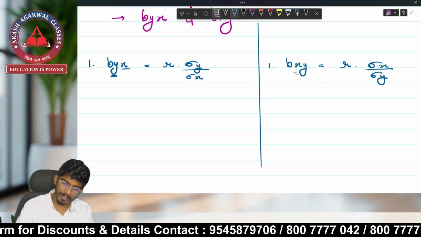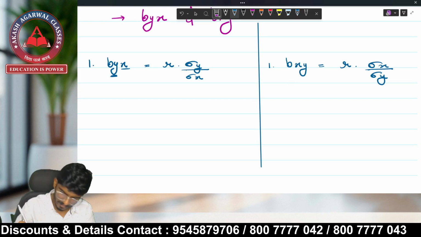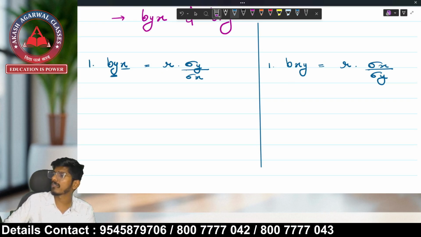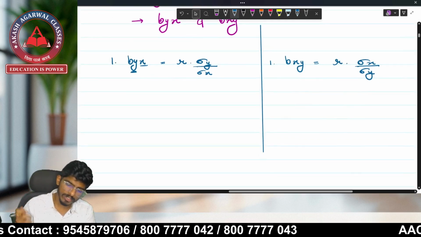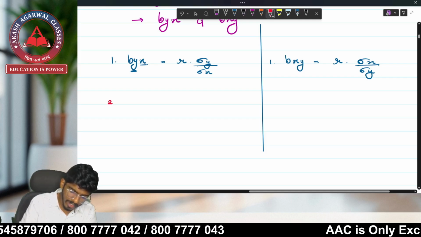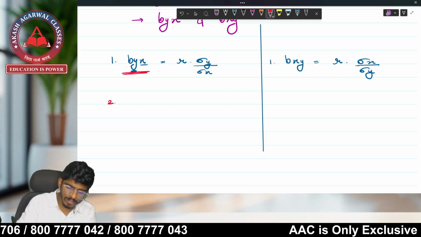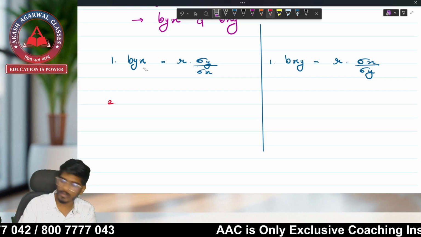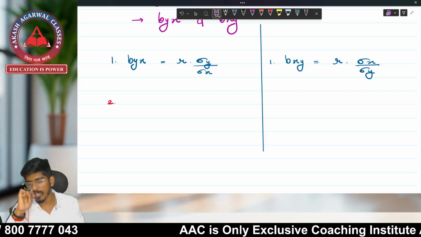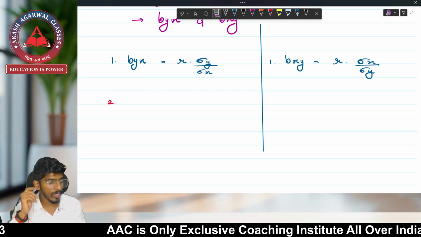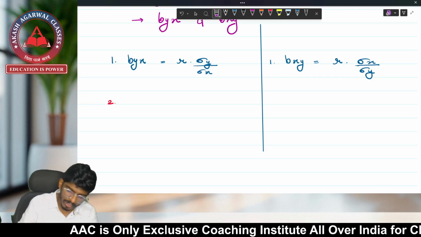So again, standard deviation of x is in the numerator's position and standard deviation of y is in the denominator's position. So this is your first formula for now. You have to keep it in your mind. This is your regression coefficients, bxy and byx. Majority of the questions that are going to be asked in your exams are on the basis of your bxy and byx. That's the most important thing.